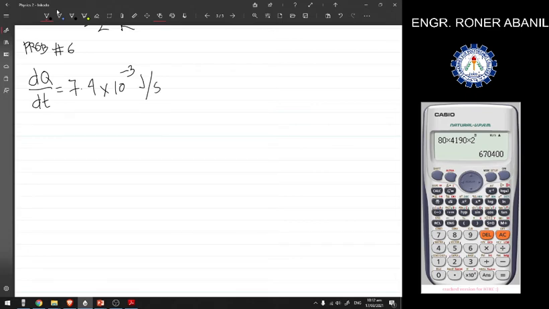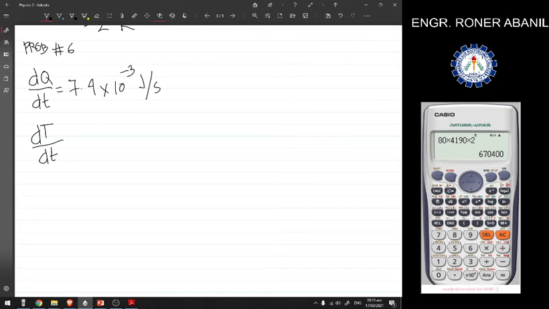So, our target variable is the rate of temperature. We need to find dT over dt, temperature over time.